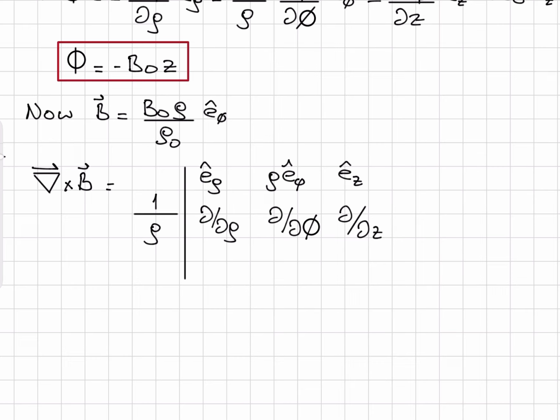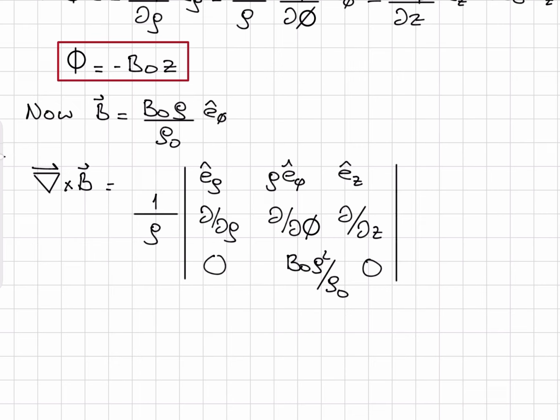Now I need h rho B rho. B rho is 0 because the magnetic field is in the e phi hat direction, so this first term is 0. h phi is rho, so B0 rho squared over rho 0 is what I would get here. And h z B z is 0, so that doesn't contribute.